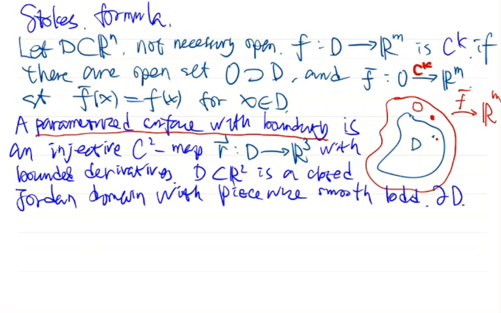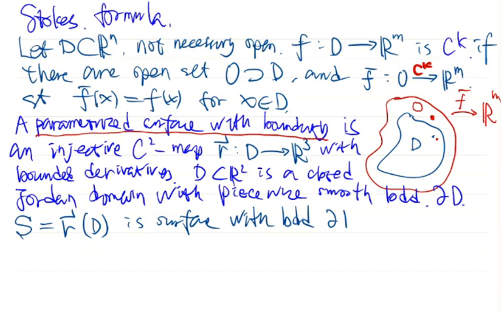So the image of such a parametric surface with boundary is a surface with boundary. The boundary of S is the image of the boundary of D. Okay, so this is the basic definition to state the Stokes formula.